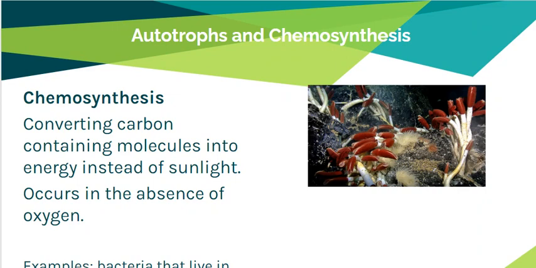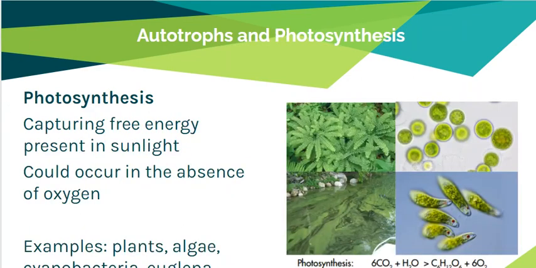So most commonly found at the bottom of the ocean in the deep sea vents. These are giant tube worms that have chemosynthetic bacteria inside of them. Okay. And so they take the carbon molecules in the ocean water and convert it into energy because they're not getting sunlight at the bottom of the ocean. It's dark.